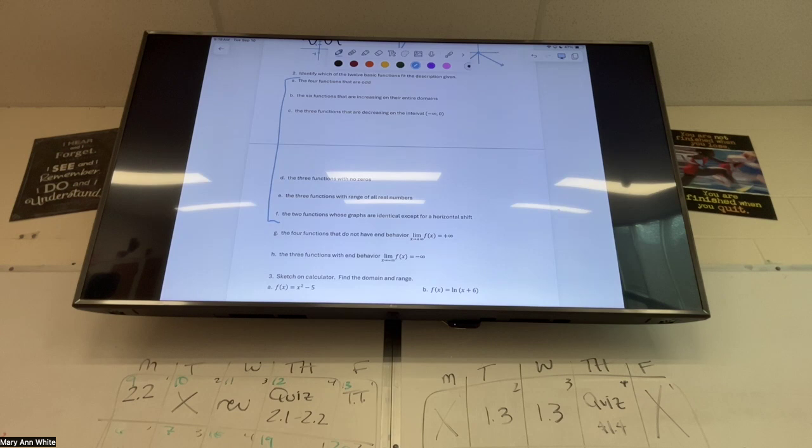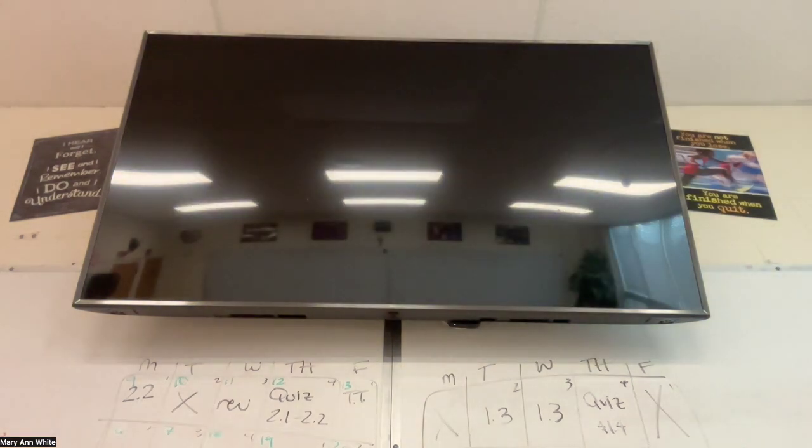Are you sure there's only 3 that have a range? A range. It doesn't go straight down. What is that, exponential? No, because that has an asymptote. Yeah, but the range. That's the range.